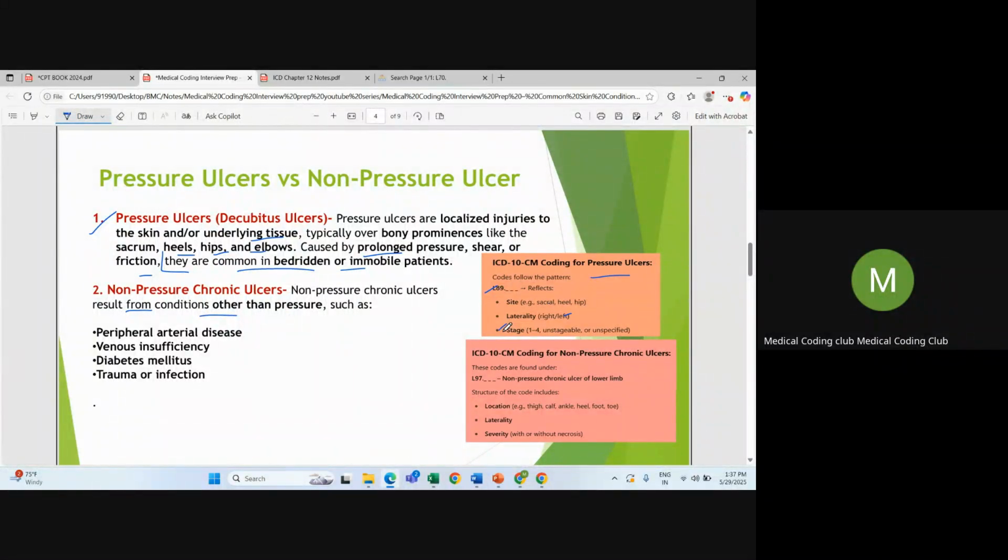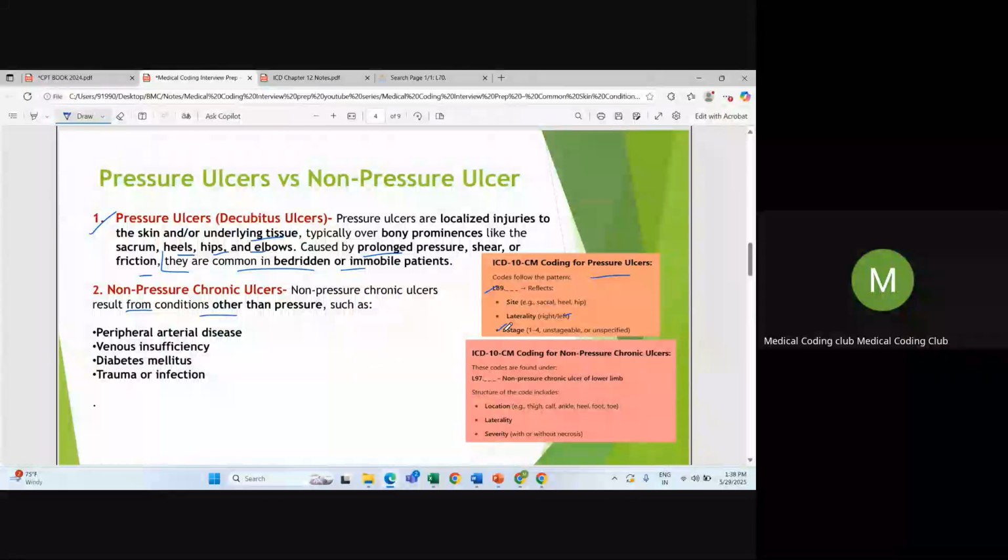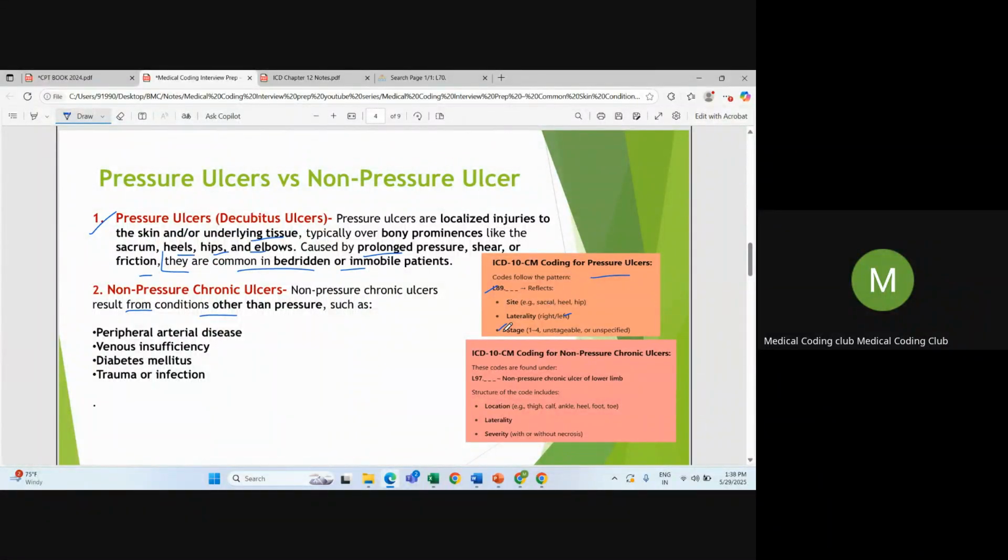Unstageable means the pressure ulcer is covered completely with slough, where the provider couldn't determine the stage. Then we need to consider it as undetermined stage or unstageable. We cannot consider it as unspecified; instead, we should consider it as unstageable.